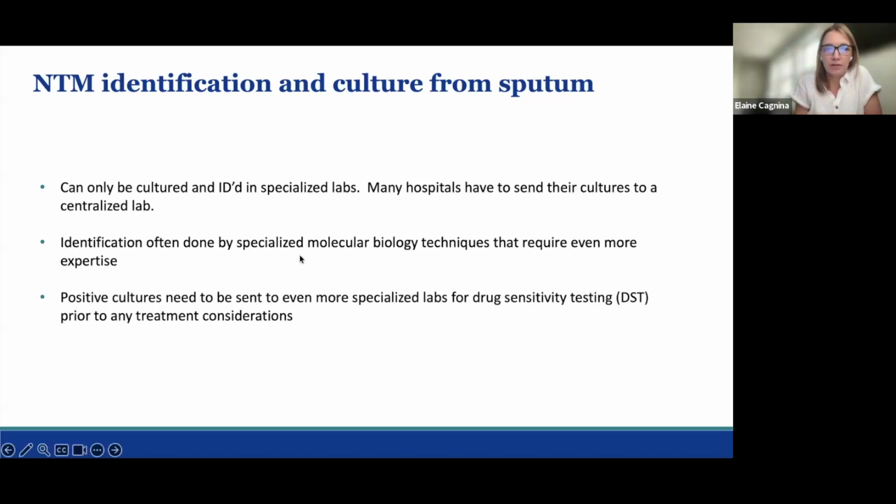And once you have a positive culture, you need to send that to even more specialized labs for drug sensitivity testing prior to any treatment consideration. So we actually take every isolate from every patient and send it for drug sensitivity testing before we would ever treat somebody, to make sure that the antibiotics we're planning to use are going to be effective against an individual patient's isolate.